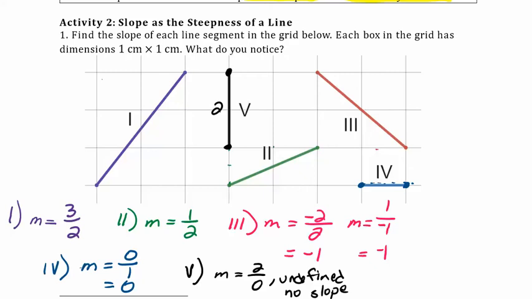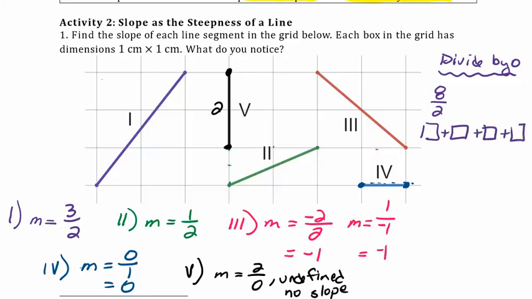Okay, now let's talk about why we can't divide by 0. Let's think about what division means. If I have something like 8 divided by 2, it's literally asking how many 2's I would have to add together to get 8. It would be 4 2's, right? Multiplication is repeated addition.